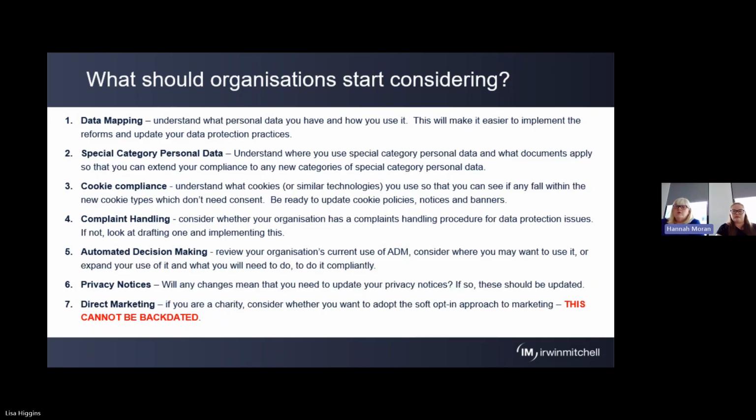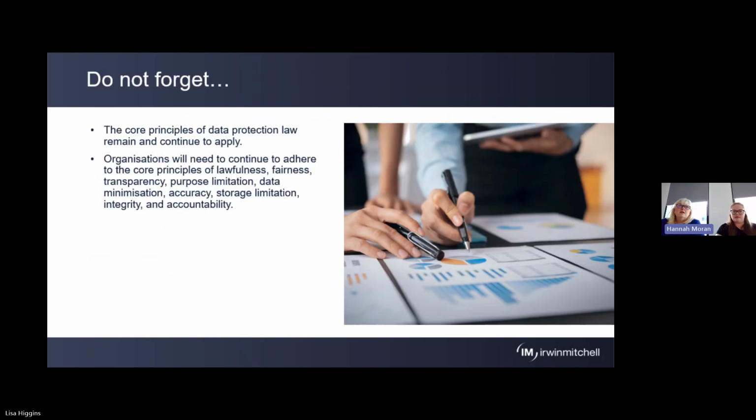And finally, before we get to questions, a do not forget slide, which is the next slide. I think there are quite a lot of changes that have been made in the Data Use and Access Bill, but the core principles that are in UK GDPR haven't changed.